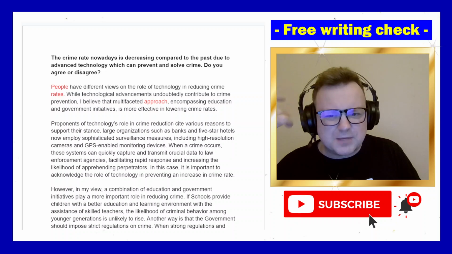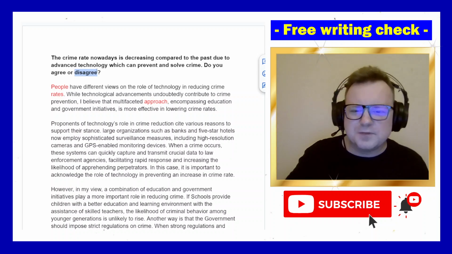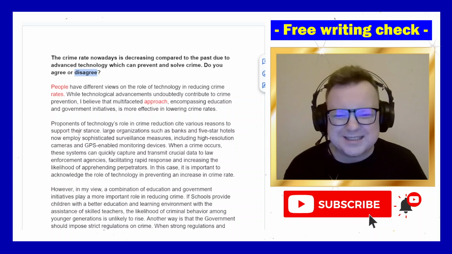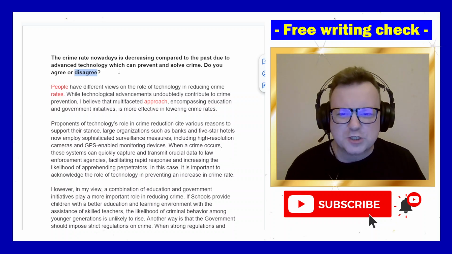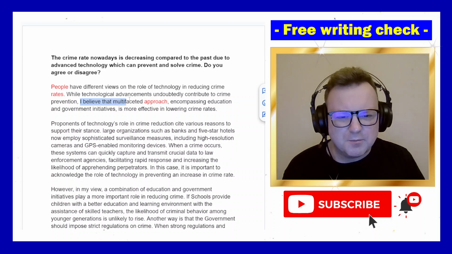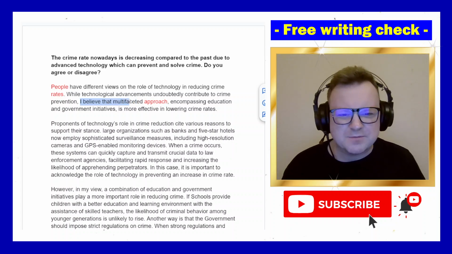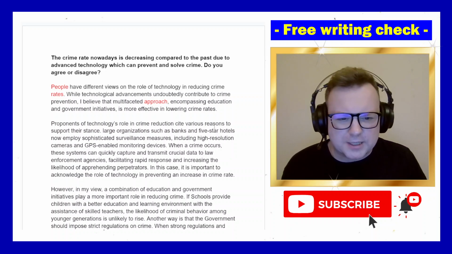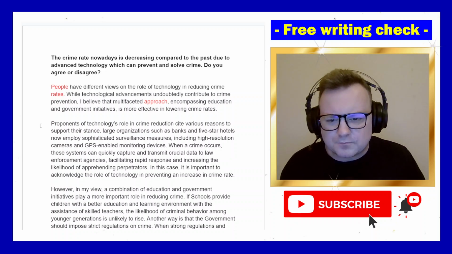Maybe just mention that you disagree with the idea that advanced technology is the best way to approach crime, but again, because of the strange question, it's difficult to understand really if this thesis statement is okay. A multifaceted approach is more effective. Okay. All right, so in general, more or less okay.